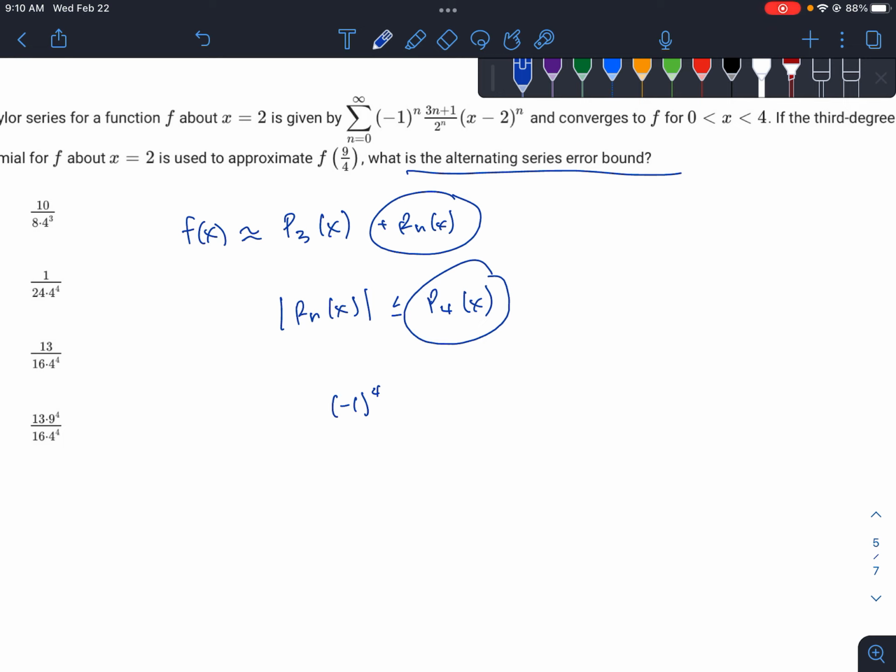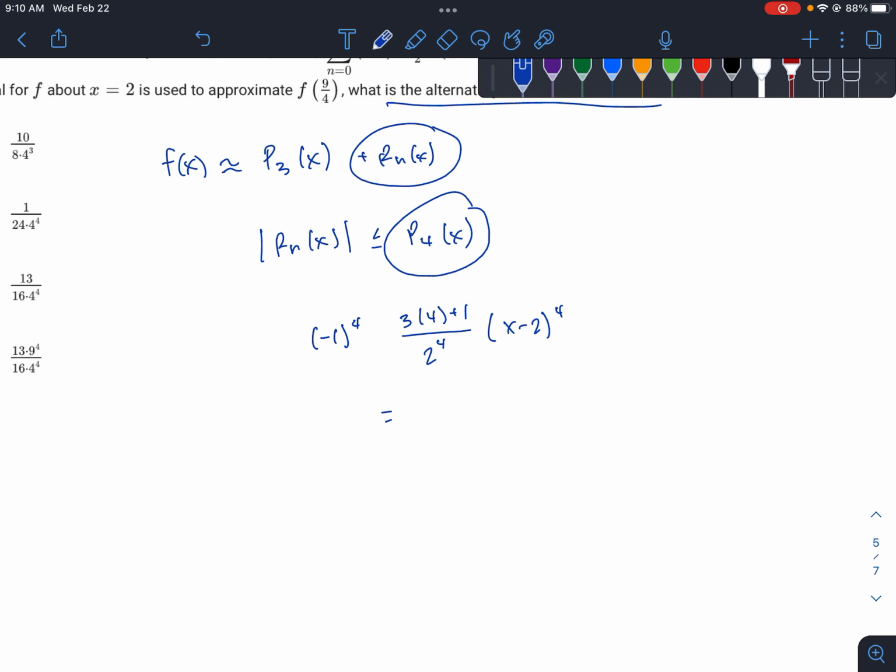Then I'm going to have 3 times 4 plus 1 over 2 to the fourth, and then x minus 2 to the fourth. So this is going to be equal to 13 over 16 times x minus 2 to the fourth.